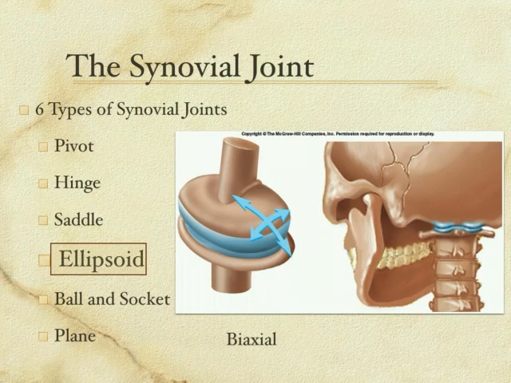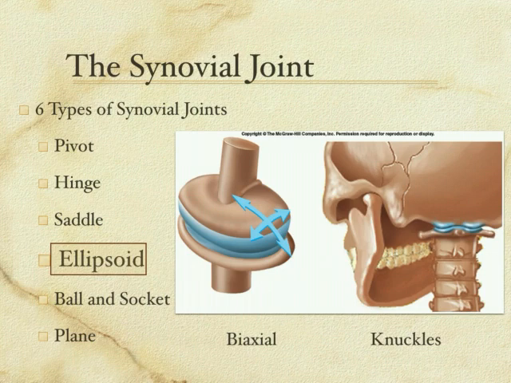A good example of this, I don't like the example in this picture of the base of the skull, but a good example would be at the knuckles of your hand, and this would be true for the joints at the base of your toes. But if you think for a moment about where your fingers join your hand, your whole finger can bend forward or back.